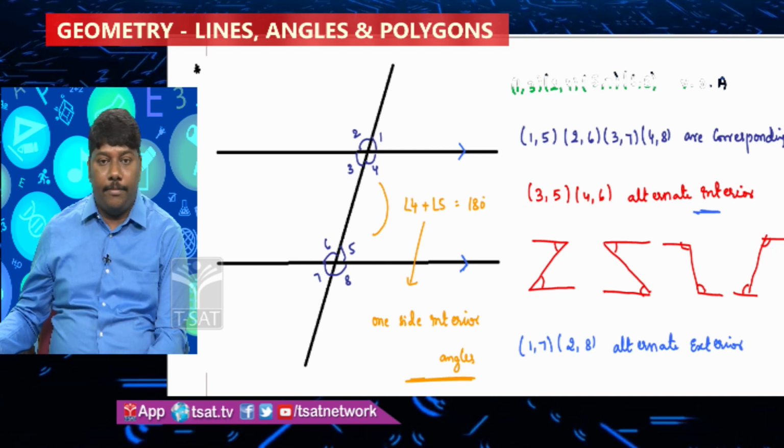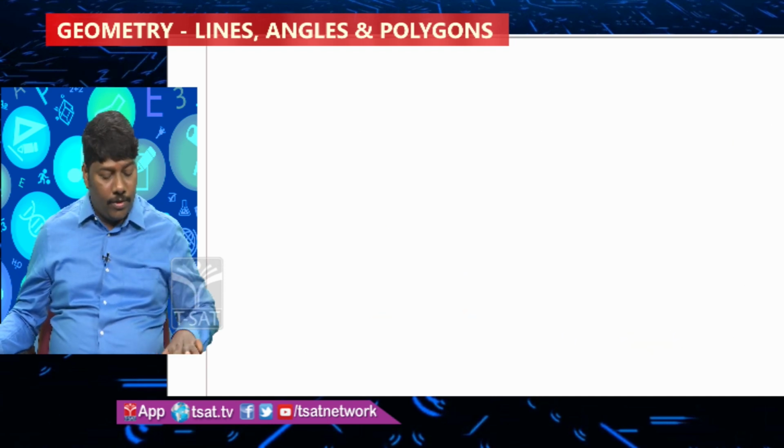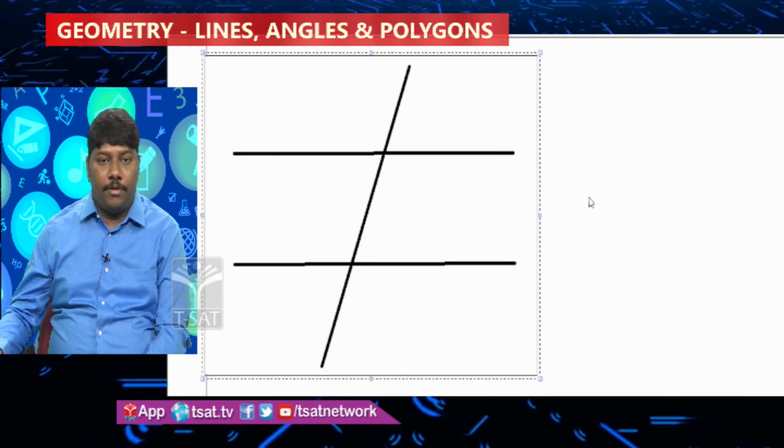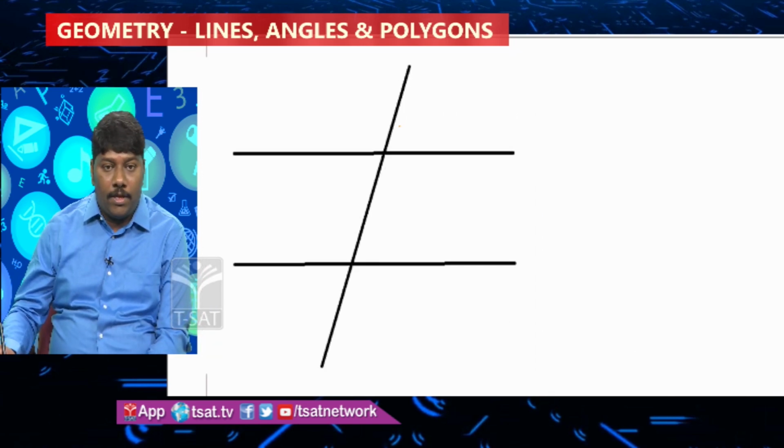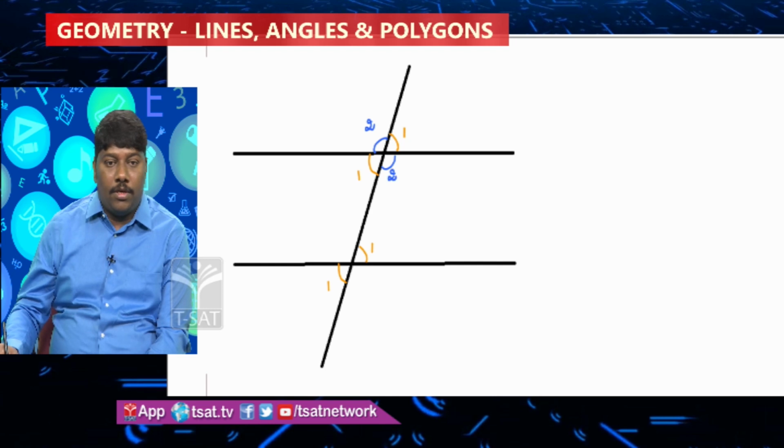If you look here carefully, we are just taking totally 8 angles. But in fact, if you look closely, angle 1, vertically opposite angle, angle 1, corresponding angle, angle 1. Again here angle 1. Take the rest of the angles. If I take this as angle 2, vertically opposite angle 2, corresponding angle 2, alternate interior angle is also 2 to this.